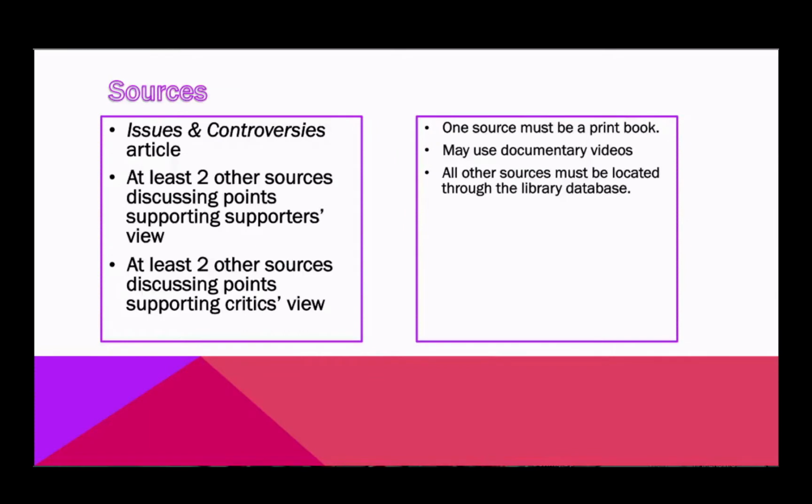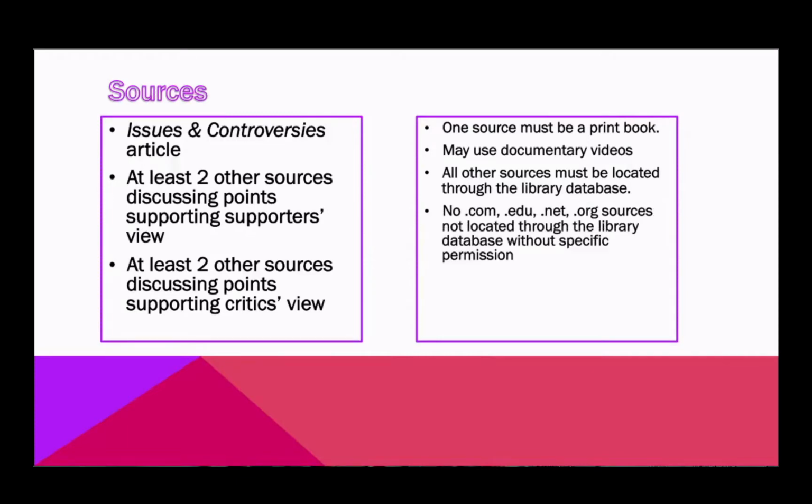Other than that, you will use the CSN library database to locate articles. All sources other than those that we have discussed must be sources that you find through the CSN library database or documentary videos along with .gov and StatsAbs, as we will discuss in just a few moments.